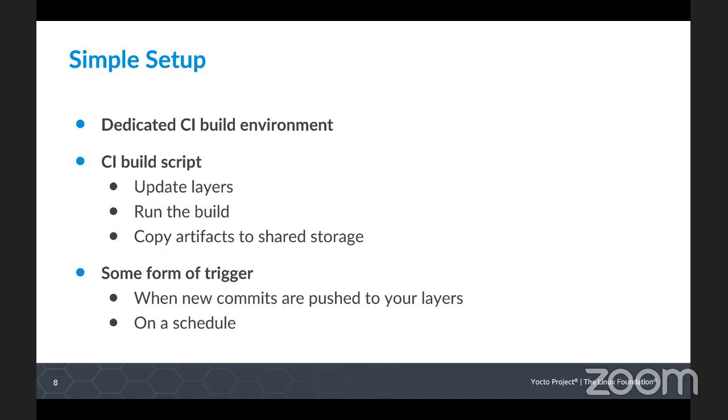Now this needs to go and fetch whatever layers you're using, update the repositories, kick off a bitbake build, and then when that's finished, copy any artifacts that you cared about to some sort of shared storage location where you can access them. You also need some form of trigger to call this script, potentially when new commits push to layers, or potentially on a schedule, so that you can do nightly builds or similar.